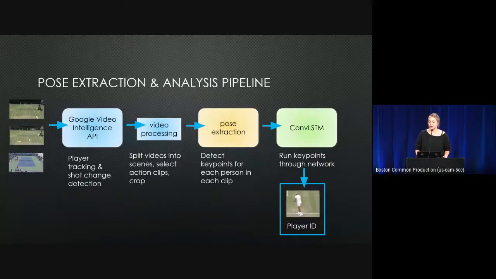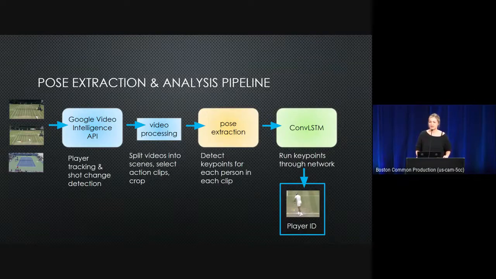And therefore, you get shots in these matches that are just audience shots. You get the players, after a volley, drinking water, talking to their coaches. So the very first thing we want to do is clean that up. And the Google Video Intelligence API, really fantastic, offers the option of doing some automated shot change detection, which means I can run my videos through that and get out the timestamps every time a continuous shot moves to the next continuous shot.